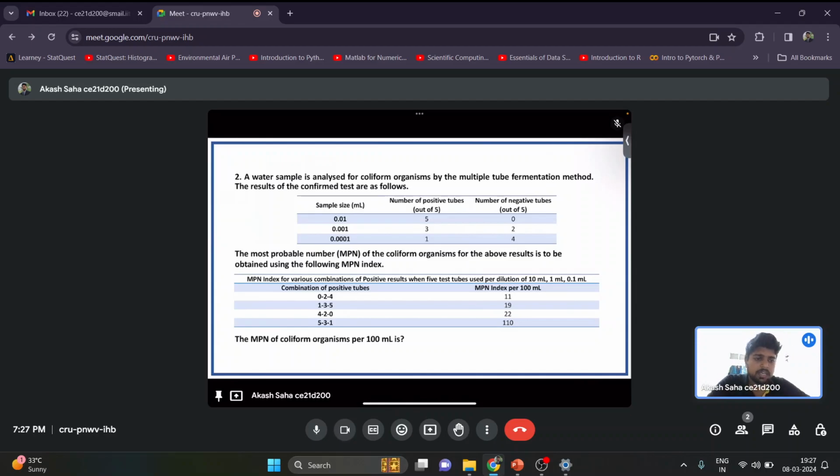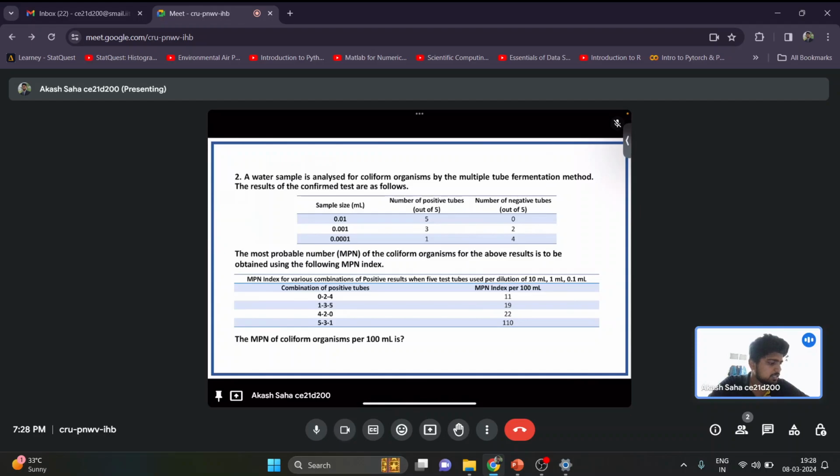This MPN index chart is given for the combination of positive results when the sample sizes used for dilution are 10 ml, 1 ml, and 0.1 ml. But in our question, the sample sizes which we have taken are 0.01, 0.001, and 0.0001.